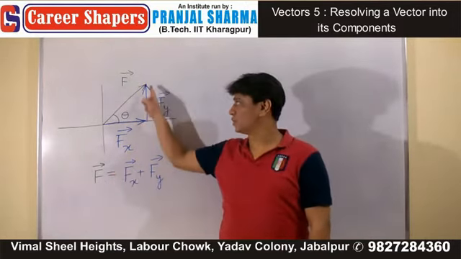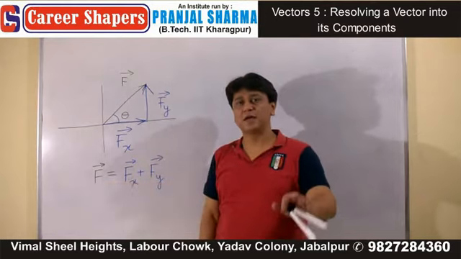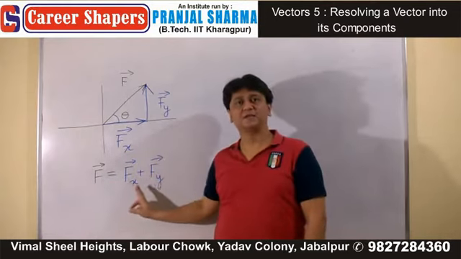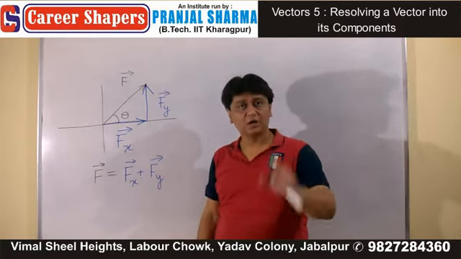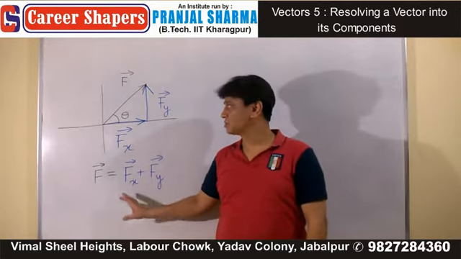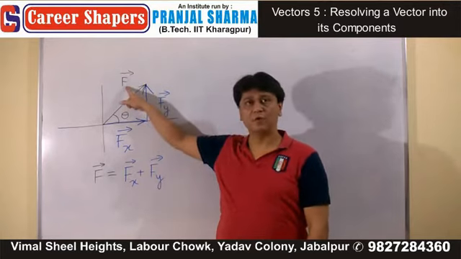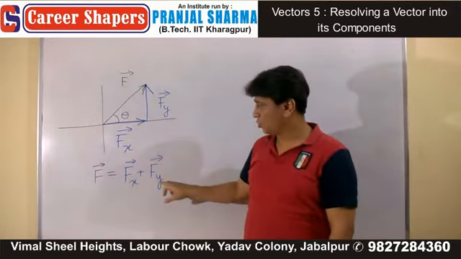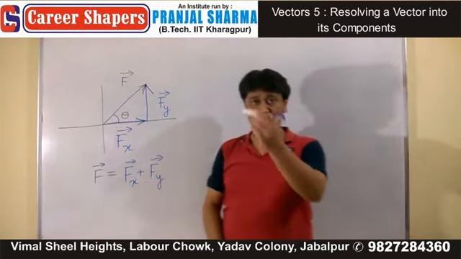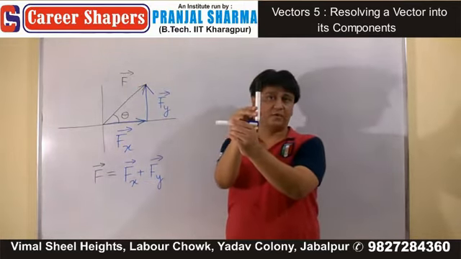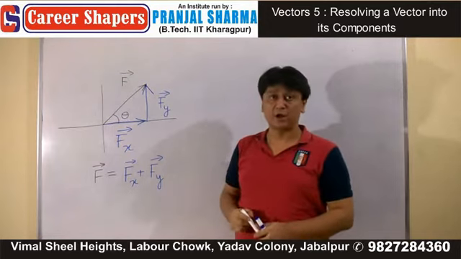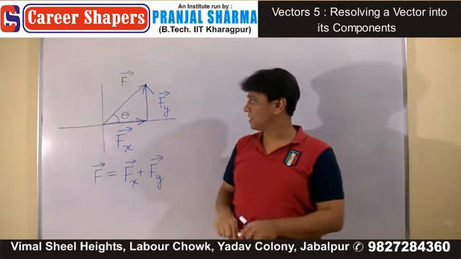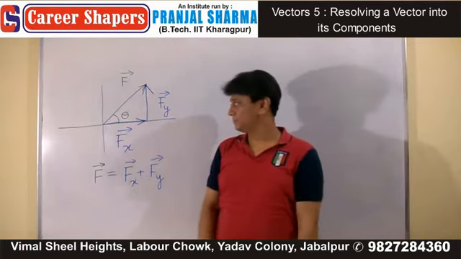Our main vector is the F vector, and this F vector is Fx plus Fy. Fx and Fy are called components of vector F. And these components, Fx and Fy, are always perpendicular to each other. They are mutually perpendicular vectors.